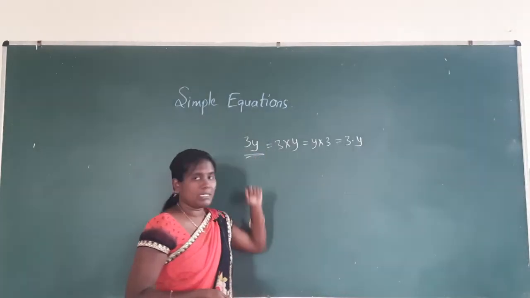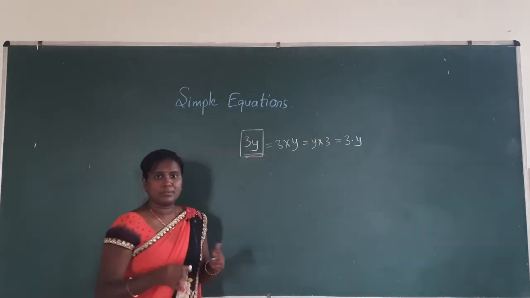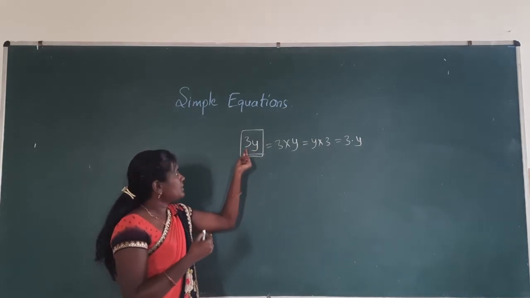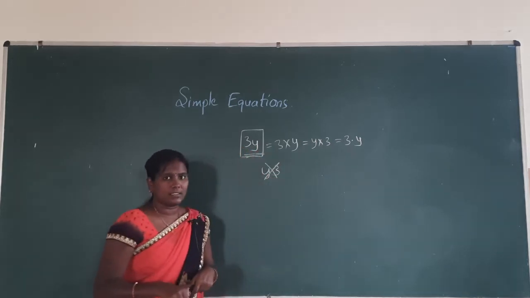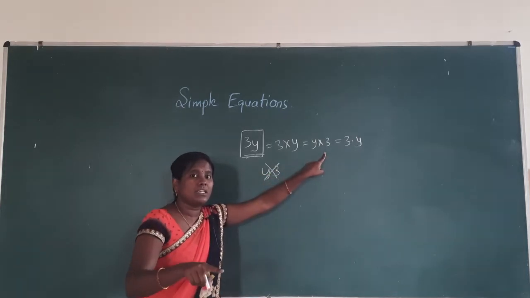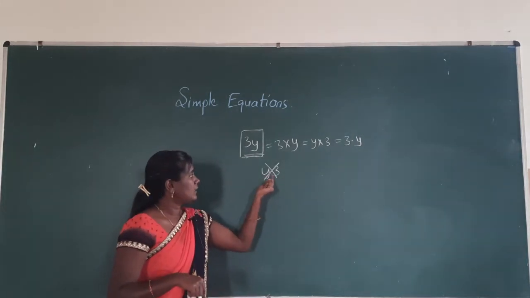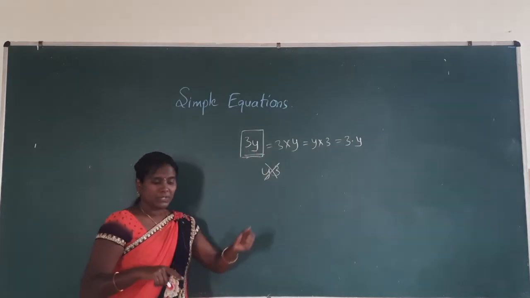All these three are the same, but we represent a term this way. Don't write it as y3, there is no meaning for y3. Of course y into 3 you would say is y3, but in algebra we should not write y into 3 as y3, it should be written as 3y.